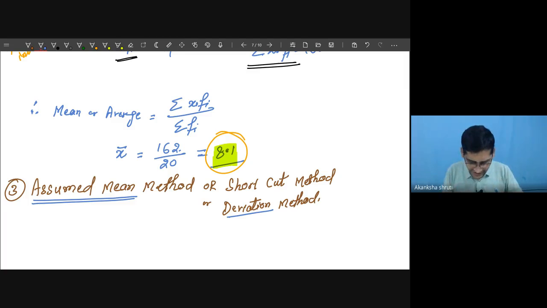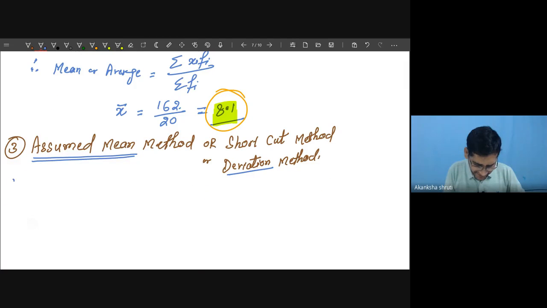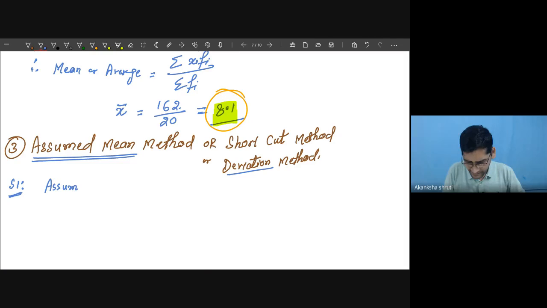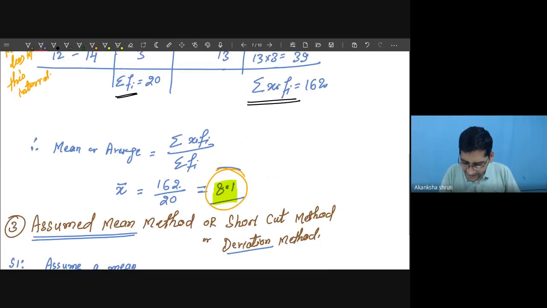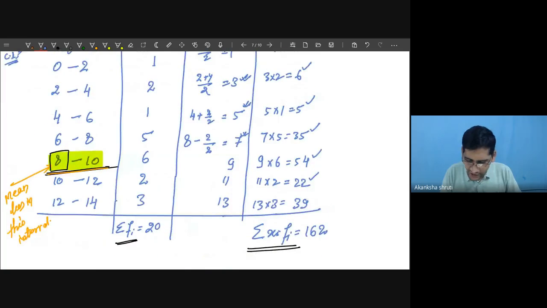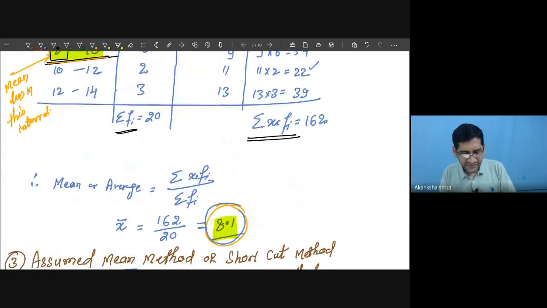So, student, in this case, step number 1 is to assume a mean. But what shall I assume? That is the question. For that assumption, we have learned that the mean is always something in between the class intervals.